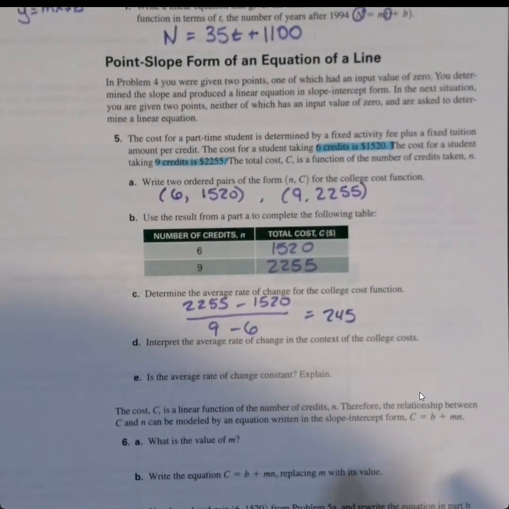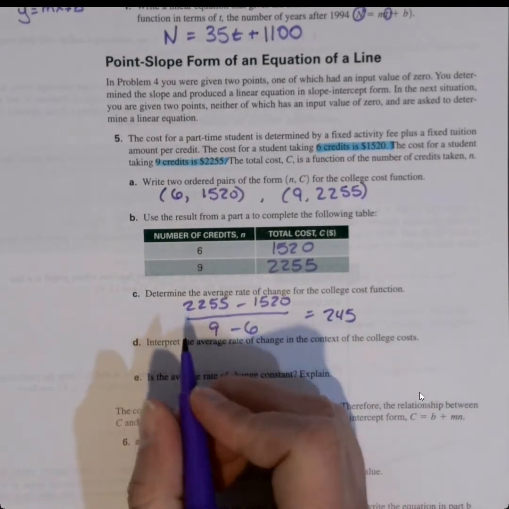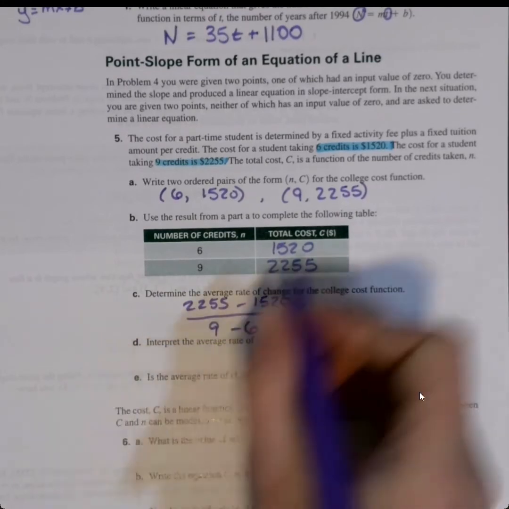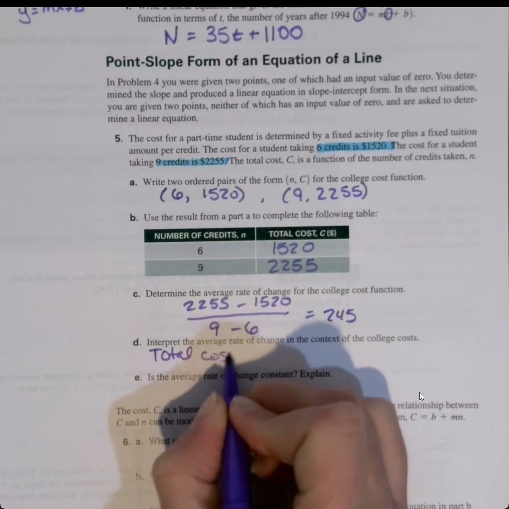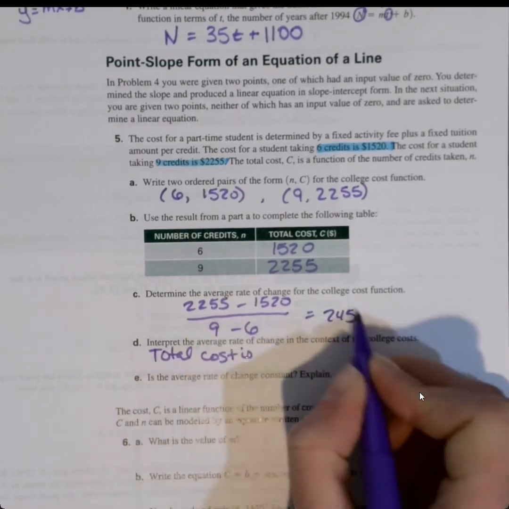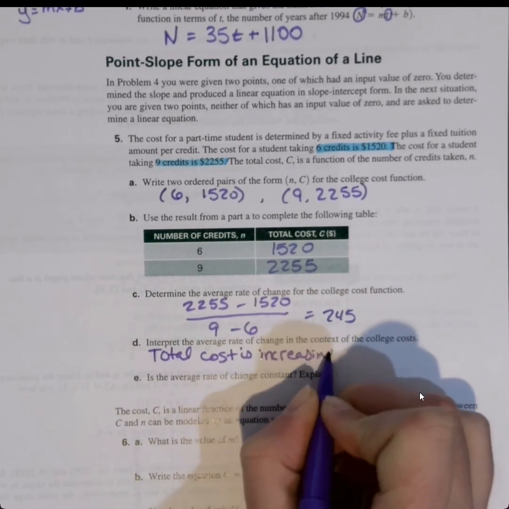All right. So we're going to interpret the average rate of change. We didn't get to do this last time. Interpreting is that sentence again. The output is changing how and by how much and how often. So the output, that's total cost, is what is it doing? Increasing or decreasing? This is positive, so it's increasing. By how much?